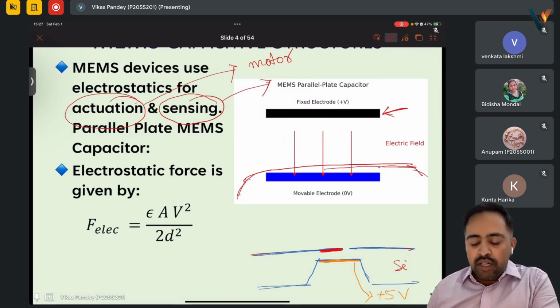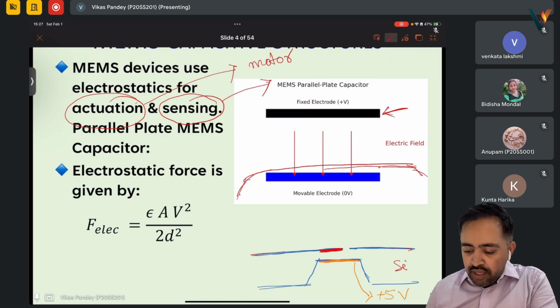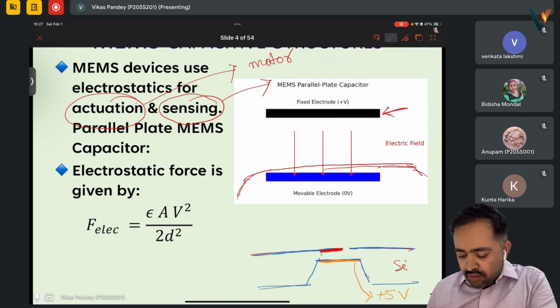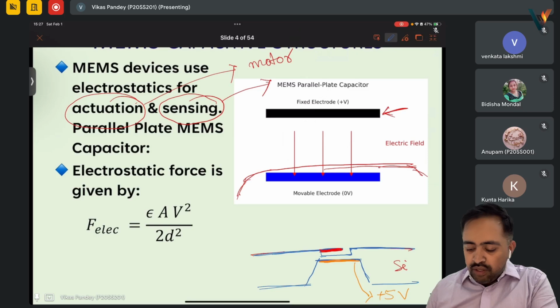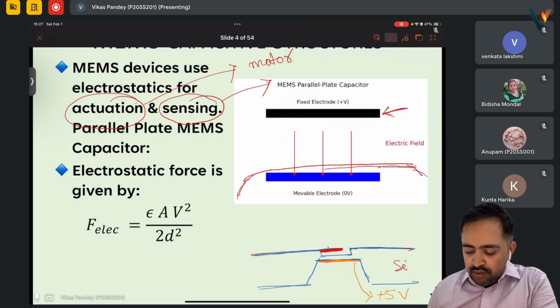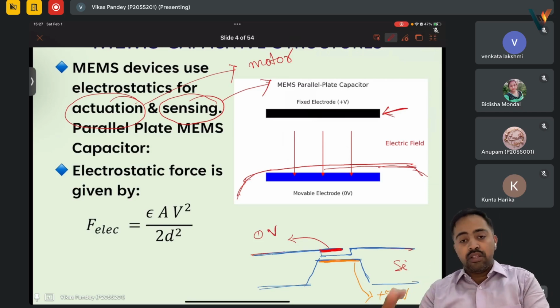Cantilever, we talked about cantilever in the previous class. We have such a hollow structure here. Now we connect this to say 0 volt, or ground, or negative potential.